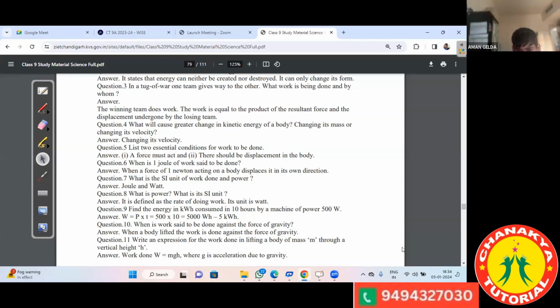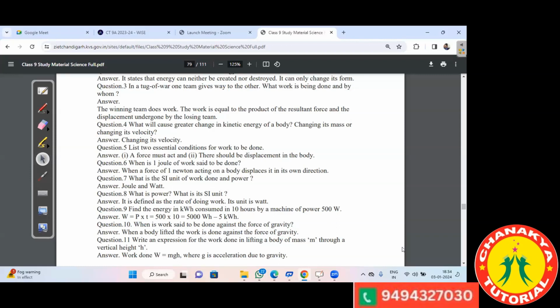Okay. I think Siddhisri is here. Siddhisri, did you get the answer? Do not see their solution. Try your own solution.